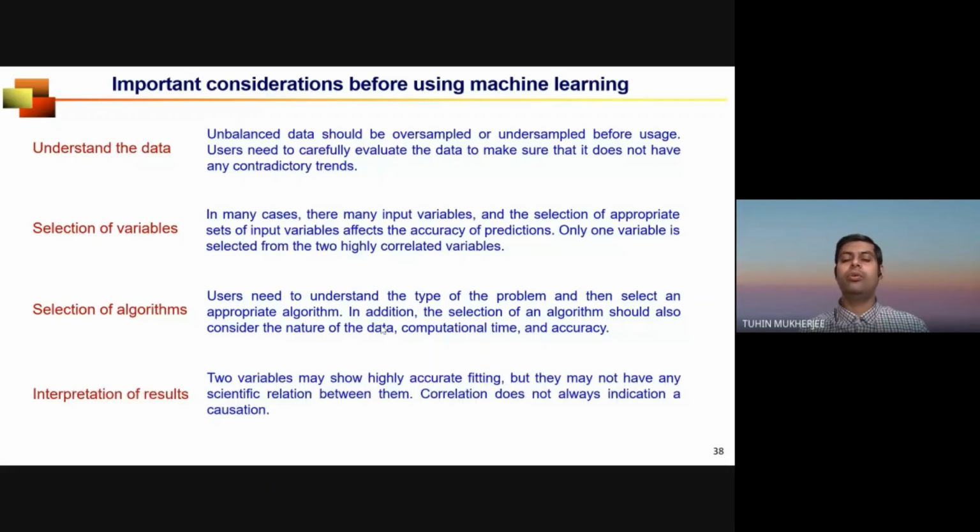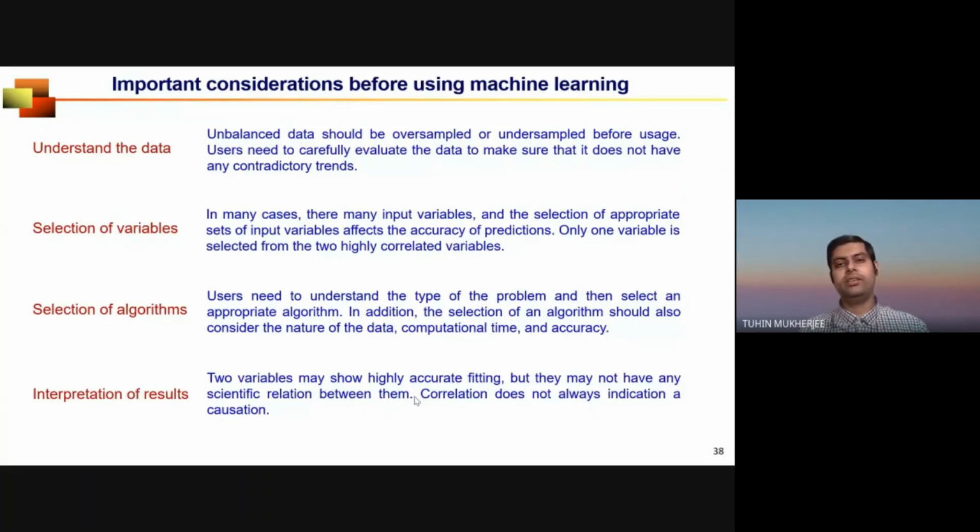And fourth, which I think is the most important task, interpreting the result. Sometimes you can see that you are getting two variables that give a high value of correlation, but they are actually not correlated. Let's say you are getting a correlation between laser power and some output variable that is not really related to laser power.